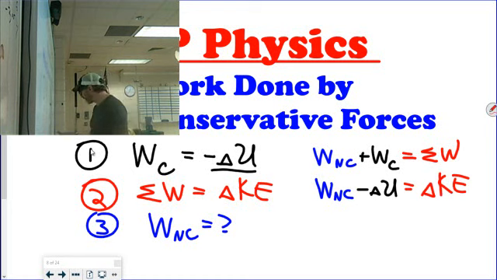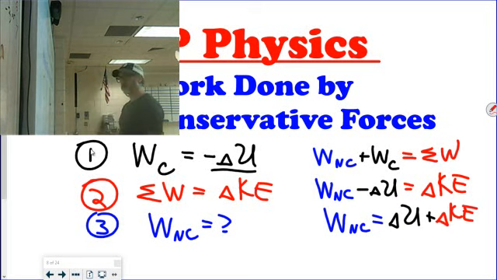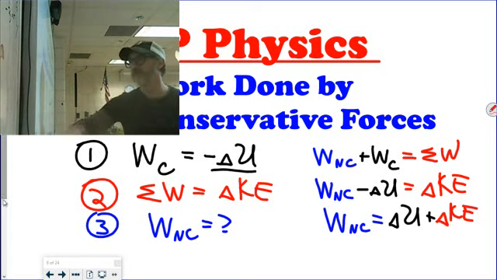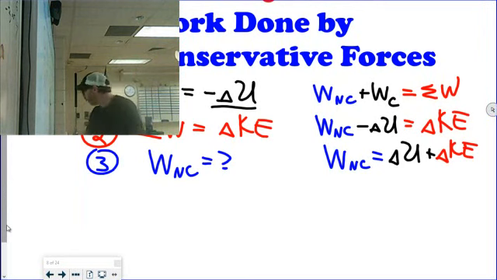So if I add change in U to both sides, I get the work done by non-conservative forces is equal to my change in U plus my change in kinetic energy. That's our total energy, right? Neat, we just learned a thing.